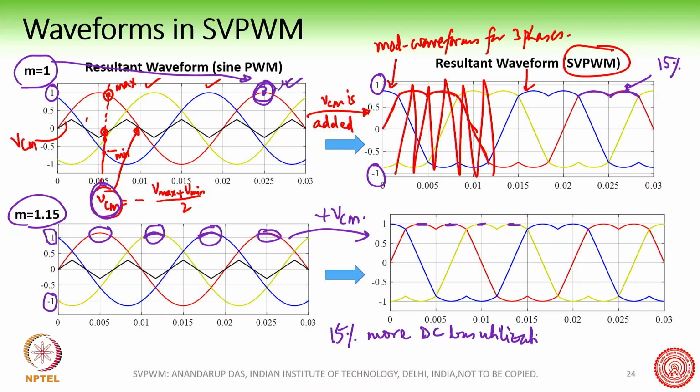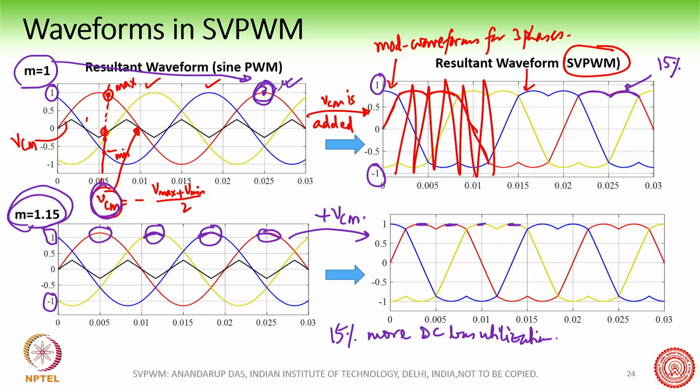because as I told you, we don't want overmodulation, because overmodulation creates lower order harmonics. So we would like to be in the linear modulation. Linear modulation means that the carrier is between +1 and -1, and the modulating waveform is also between +1 and -1. But now we are able to go with m equal to 1.15, which is more than what can be obtained in sine PWM.